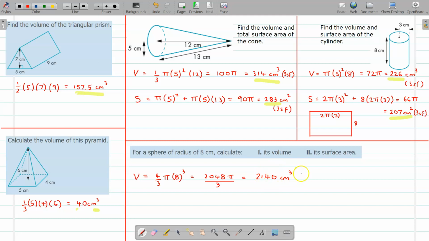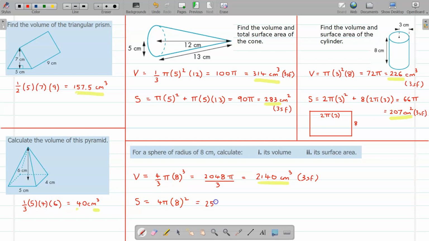Okay, and finally we're going to work out the surface area, and we just use the formula for that, which is 4 pi r squared. So the surface area of the same sphere is 4 times pi times the radius squared. Okay, well 8 squared is 64. 4 times 64 is 256.